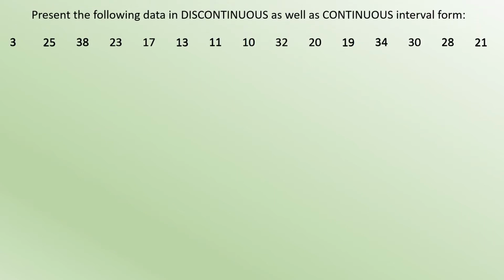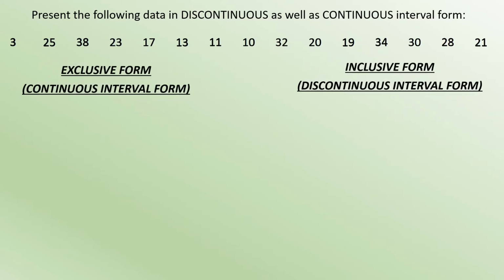Let us take one example to understand and to know how to prepare a frequency distribution for both discontinuous as well as continuous interval form. So we are given with the different set of numbers. So we make both the types of frequency distribution for the same data.